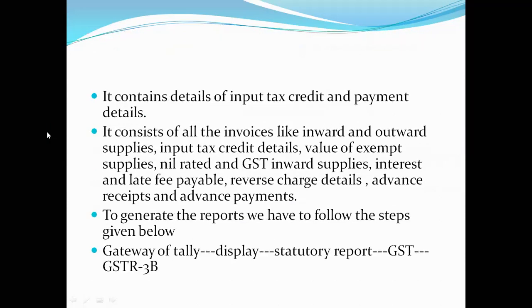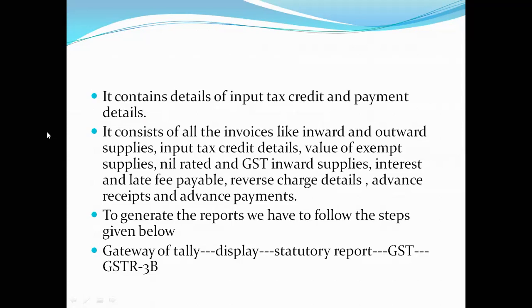Now, what does it contain? The GSTR 3B report contains the information of input tax credit and payment details. How much credit you have with you, and how much tax you make payment to the government. And it consists of all the invoices like inward and outward supplies, input tax credit details, exempt supplies, nil rated supplies, GST inward supplies, and if you have any interest to pay or late fee payable, everything will be included in the GSTR 3B.